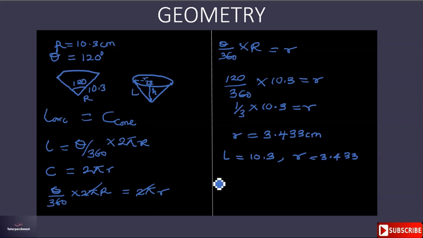So using Pythagoras theorem, you can say that h square is equal to L square minus r square. So your h will be the square root of L square minus r square. So let's move to the next page.